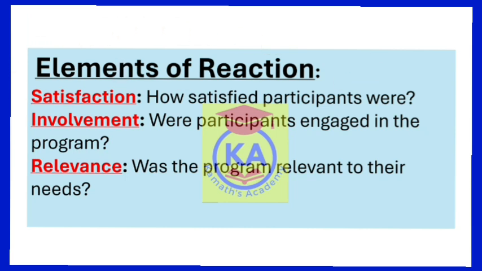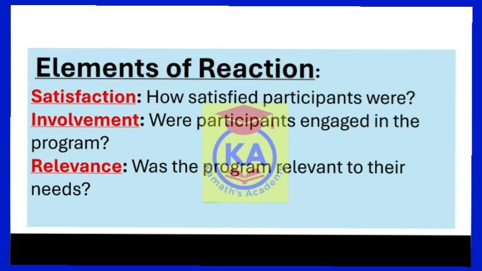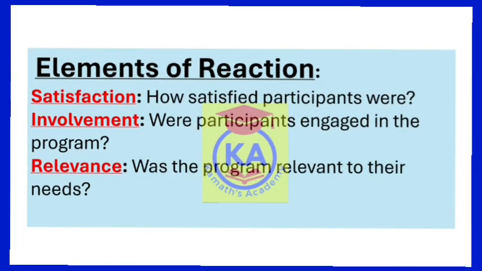The elements can consist of satisfaction, involvement, and relevance. The first point, satisfaction: how satisfied participants were. This is also a part of reaction. Involvement: whether participants were engaged in the program. This is also a part of reaction.